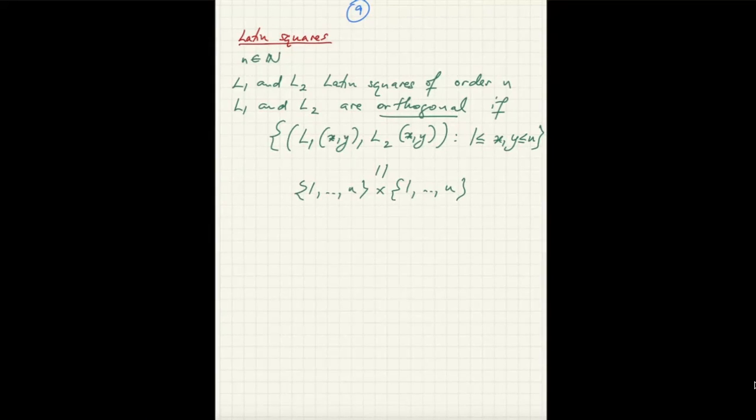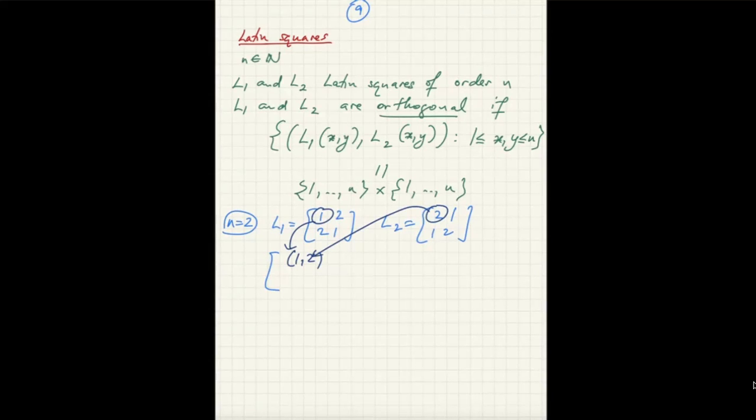So let me give you some examples. When n equals 2, let's say L1 is 1, 2, 2, 1, and L2 is 2, 1, 1, 2. If we look at all these ordered pairs, and I'll put them here in a matrix, what we see is 1, 2, this one from here going here, and the 2 from here going here.